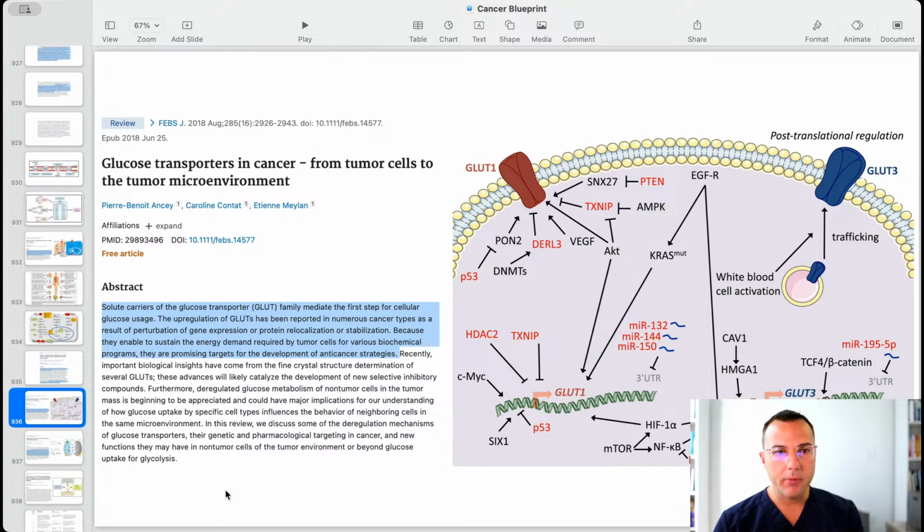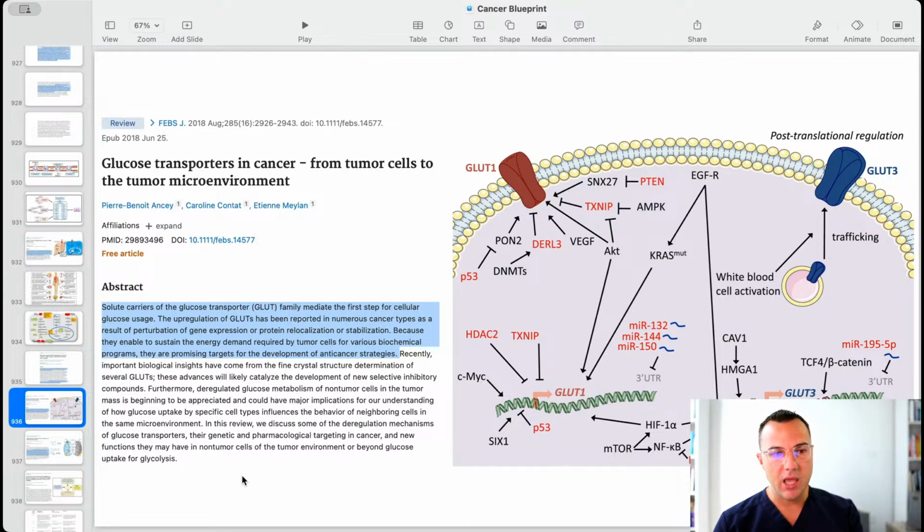The next paper we're going to talk about was published in August of 2018, and it's titled "Glucose Transporters in Cancers from Tumor Cells to the Tumor Microenvironment." It says solute carriers of the glucose transporter GLUT family mediate the first step for cellular glucose usage. The upregulation of GLUTs has been reported in numerous cancer types as a result of perturbation of gene expression and protein relocalization or stabilization.